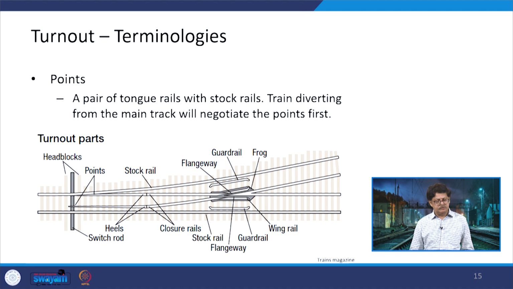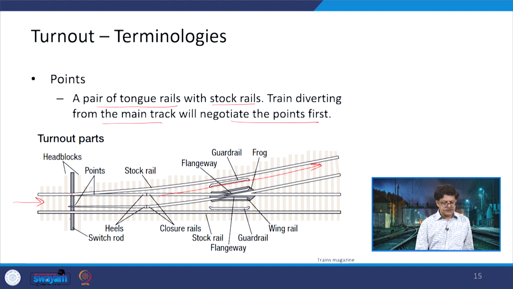Then we talk about the terminologies. The points is a pair of tongue rails and stock rails. The train diverting from the main track will negotiate the points first. So, when you are coming from a side and you have to take a turn, you are not going straight. So, these points are the first thing which the train will encounter.